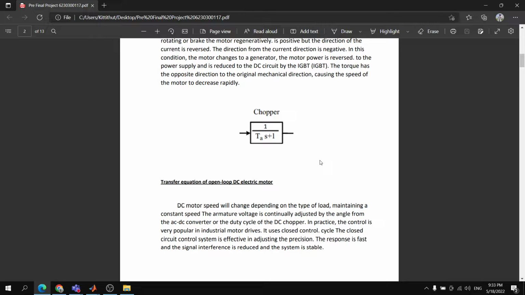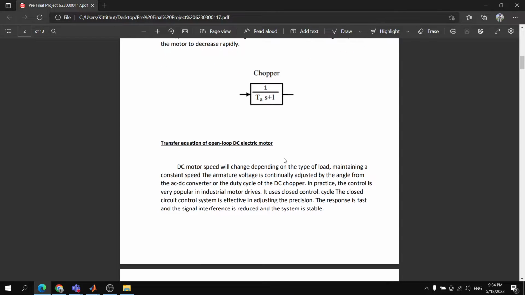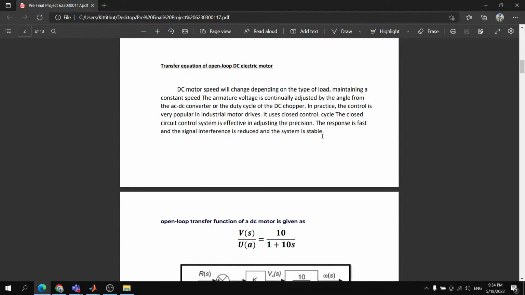The motor power is returned to the power supply and is reduced through the DC circuit by the IGBT. The torque has the opposite direction to the original mechanism direction, causing the speed of the motor to decrease rapidly. Next, the transfer equations of the open-loop DC electric motor.